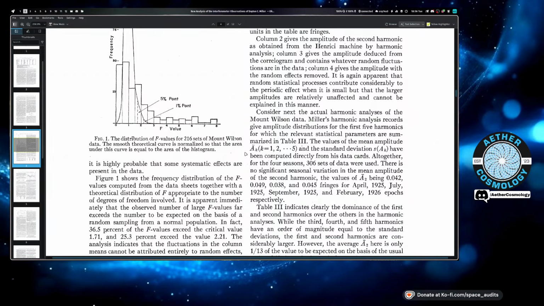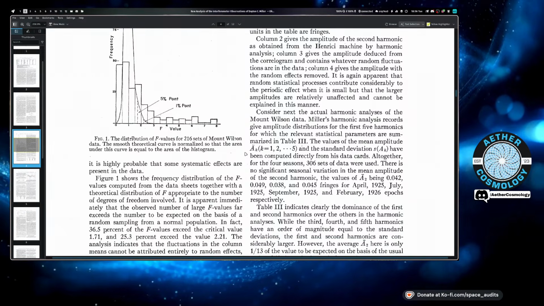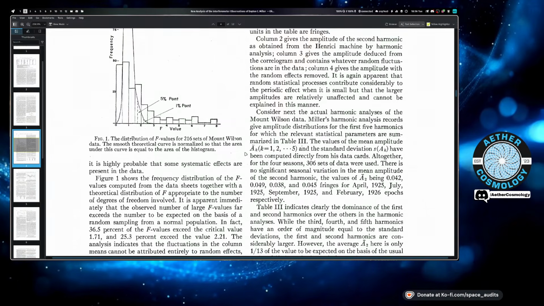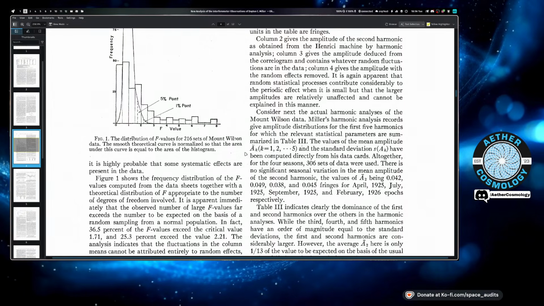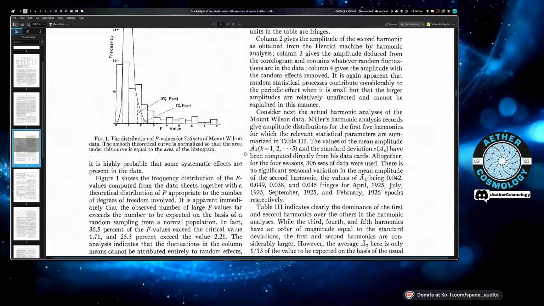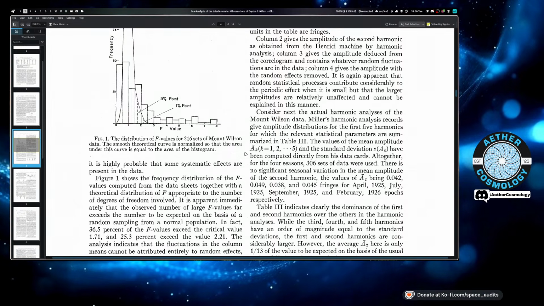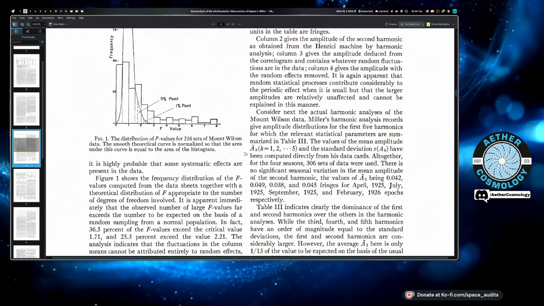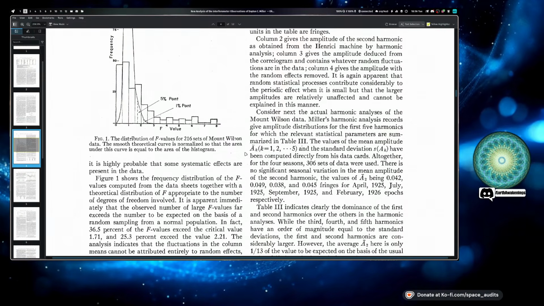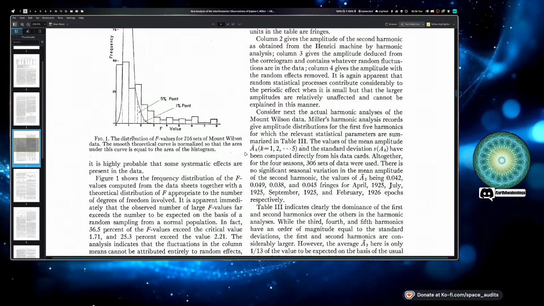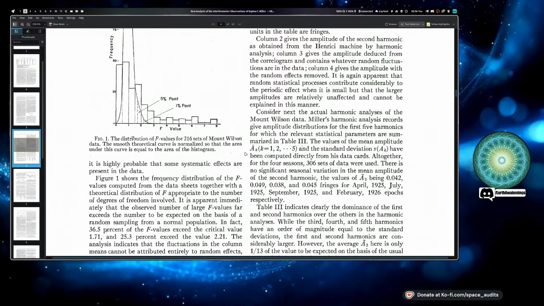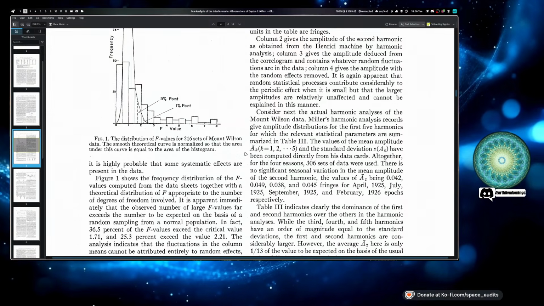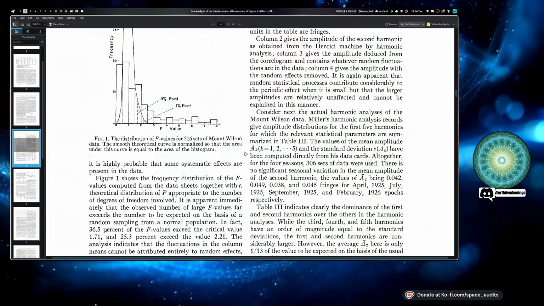So consider now the actual harmonic analysis of the Mount Wilson data. Miller's harmonic analysis records the amplitude and distribution of the first 5 harmonics, for which the relevant statistical parameters are summarized in Table 3. The values of the mean amplitudes, A bar sub K, are given here. The standard deviations have been computed directly from his data cards.